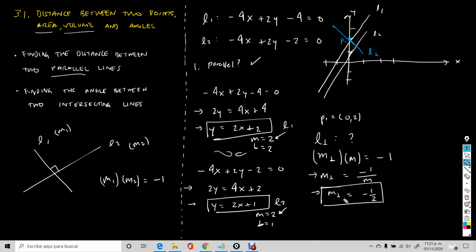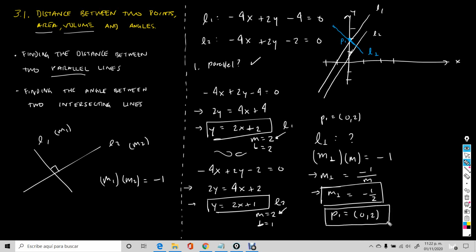We already have the slope. What else do we know about L perpendicular? We know one of the points through which it goes, which is point 1. So basically, L perpendicular has this slope and it passes through this point, 0, 2. Is that enough information to come up with its equation?